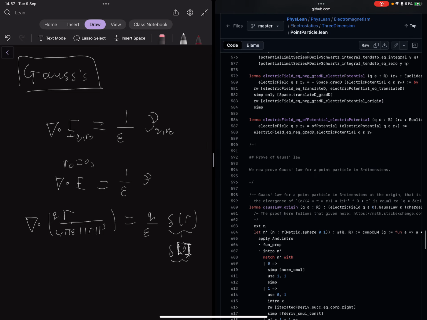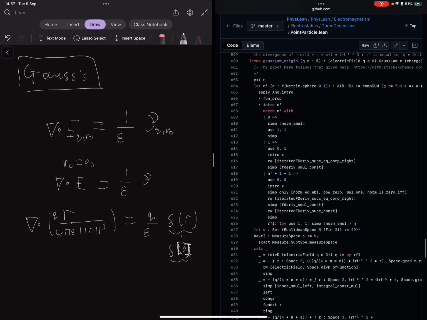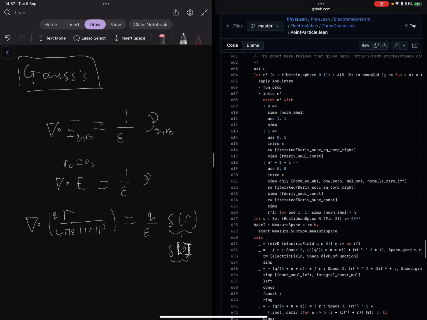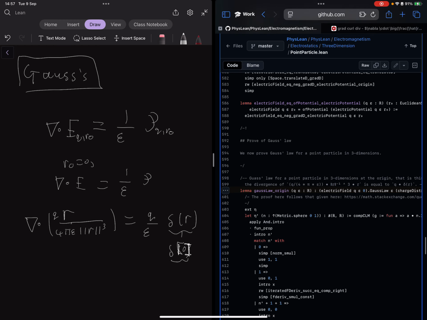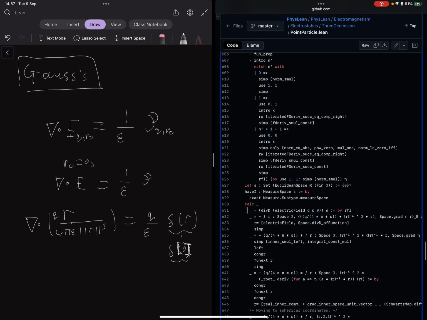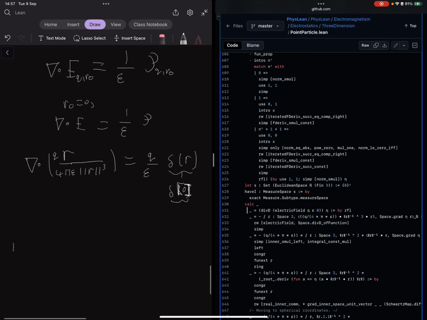So how do we show it? The proof is basically this statement here within PhysLean, and really this is contained in one proof. So I'm going to go through it step by step. Step number 1, we want to show that this thing here is equal to this thing here.